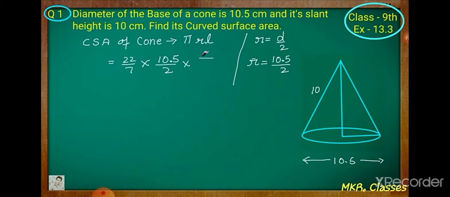The curved surface area is pi r L. The value of pi is 22 by 7, r is 10.5, and the slant height is given, that is 10 centimeter.